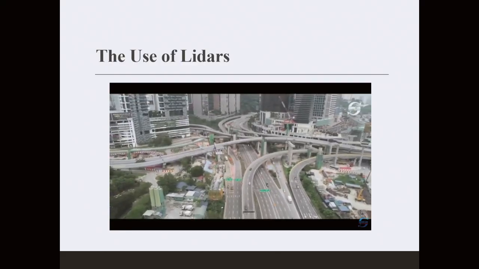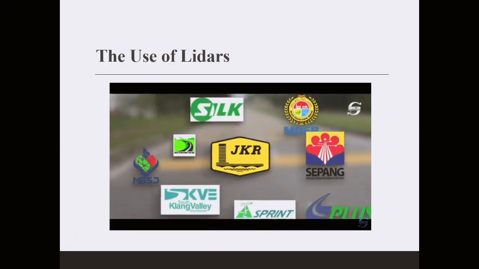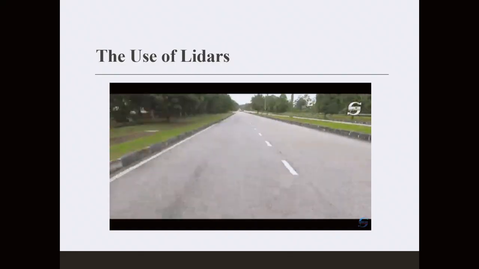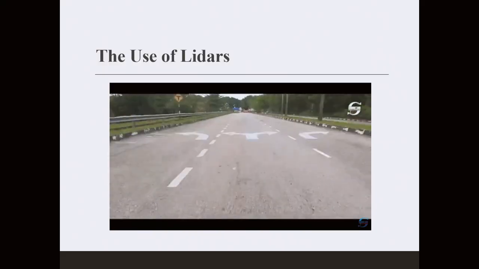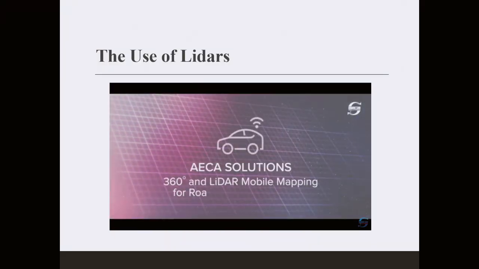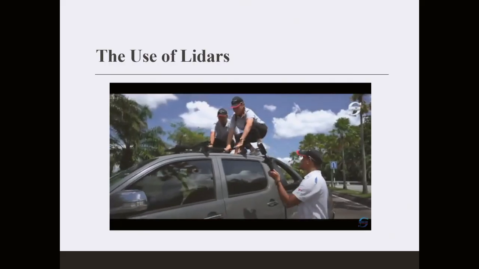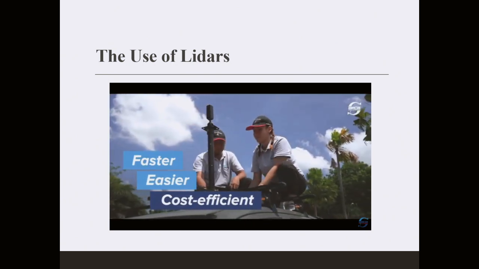With the number of road users increasing daily, highway concessionaires, local councils and state-level road transport departments play a pivotal role in ensuring that the roads are safe and conducive to smooth and efficient traffic flow. With Acre Solutions' mobile mapping system, capturing road conditions and digitizing the results are now faster, easier and more cost-efficient.